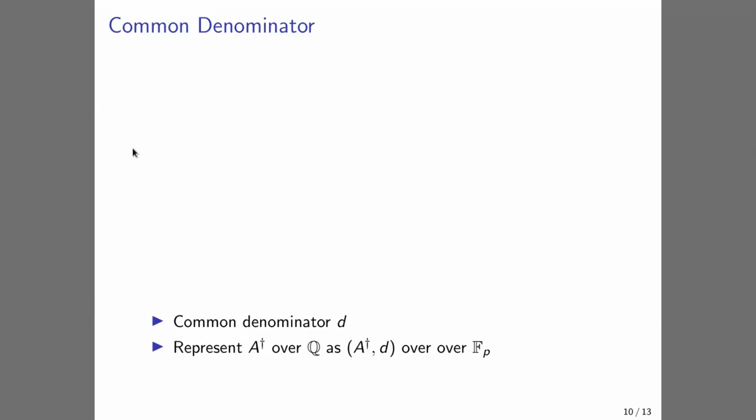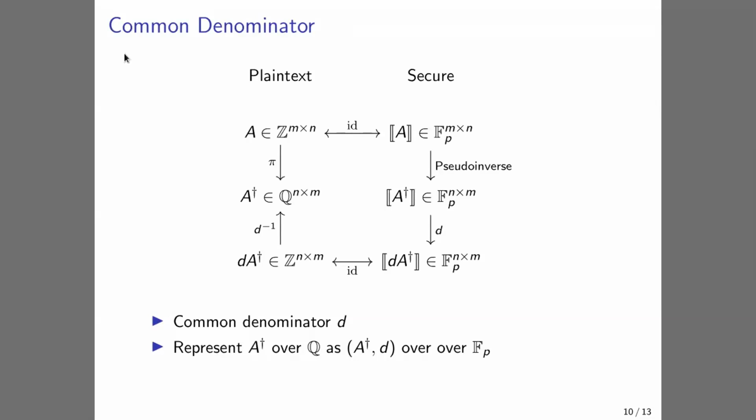So what we would like to do is to represent our pseudo-inverse over the rational numbers, and it's actually a pair. We compute the pseudo-inverse over a finite field, but we also keep track of this common denominator. And then I have a little figure here to show our strategy.